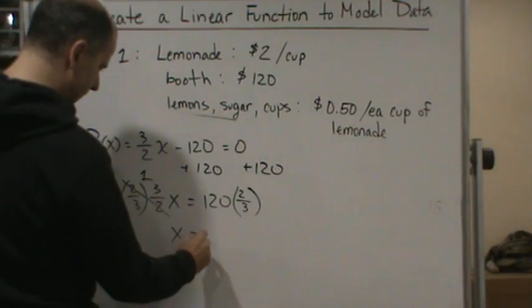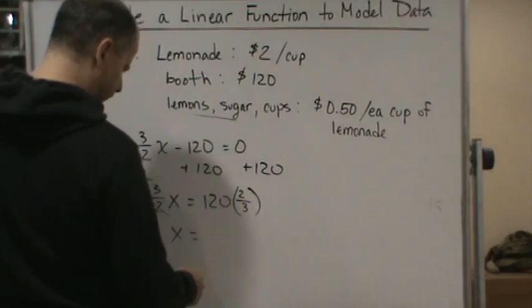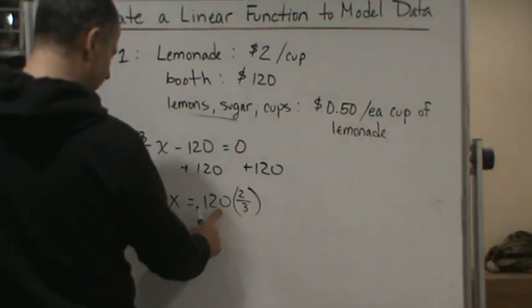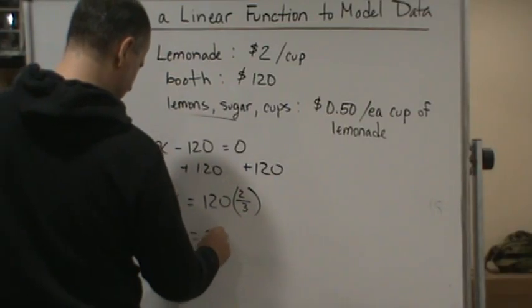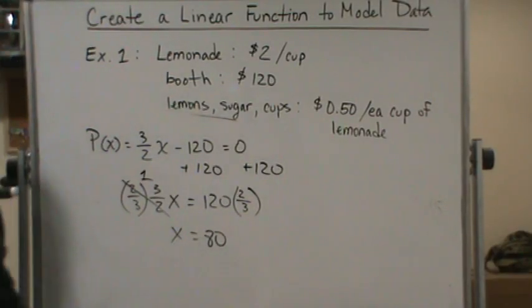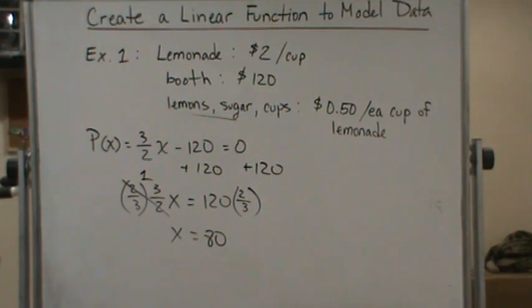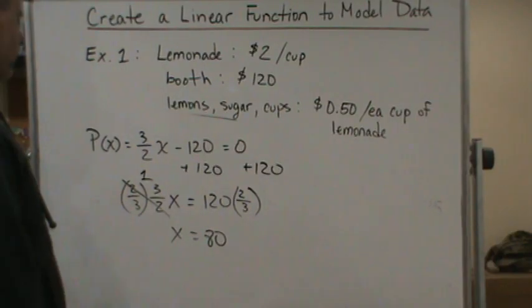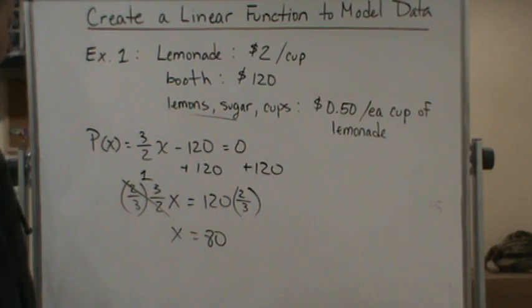So I get x equals what? 120 divided by 3 is 40. 40 times 2 is 80. So if I sell 80 cups of coffee, I keep saying coffee, 80 cups of lemonade, then I'll break even.